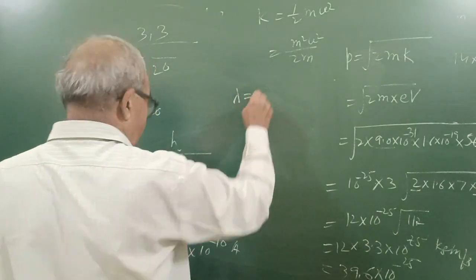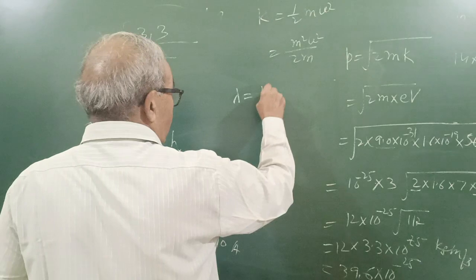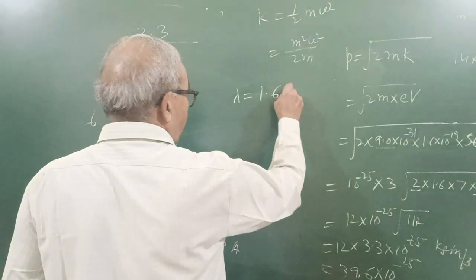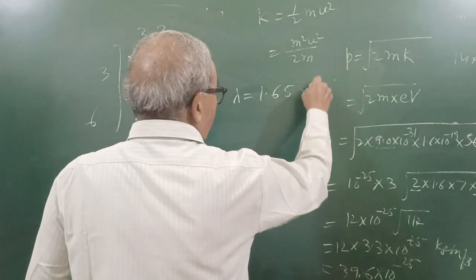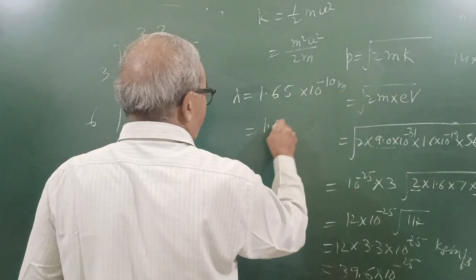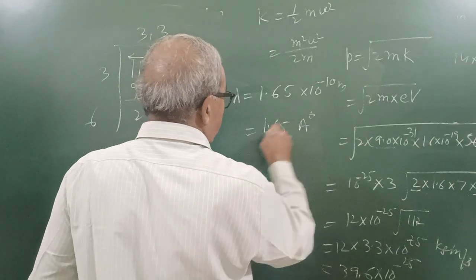This lambda will come out as 1.65 × 10^-10 meter. Yes, it is 1.65 angstrom.